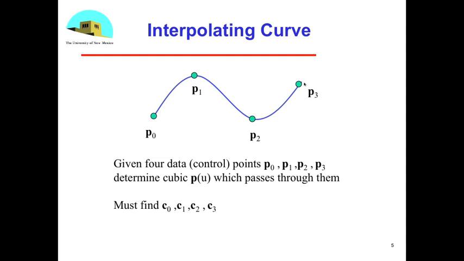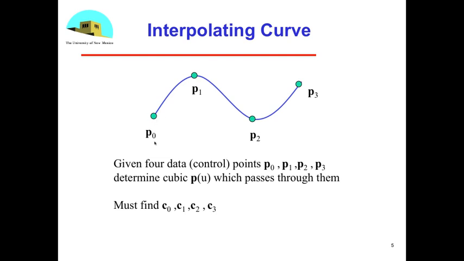And not having any other information, we may as well assume they're equally spaced. Now remember, last time we agreed that we can always have u go over any range, and I can do that by scaling 0 to 1 up to some u min to some u max. So let's just worry about 0 to 1 here.